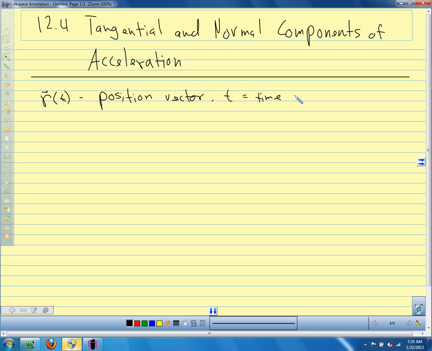Speed up or slow down, right? Because it's going to be in the same direction, or it's going to be tangent to the curve. So that's telling us, are we speeding up? Are we slowing down? And then the normal component of acceleration. What's the normal component of acceleration? Perpendicular. So it's perpendicular direction. So it's going to be what changes the direction of motion. So we're looking at acceleration. We're breaking down acceleration into a component that speeds us up or slows us down, and a component that changes our direction.